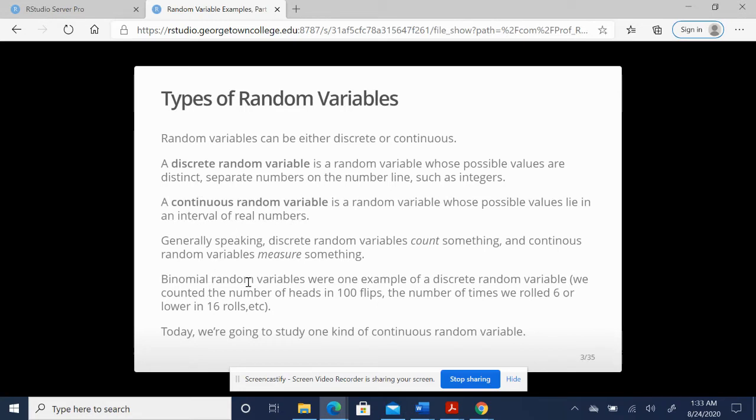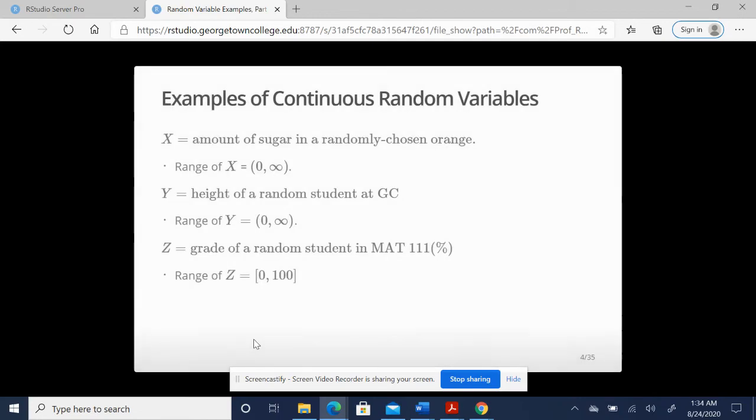Binomial random variables, which is the slideshow we just looked at, were one example of a discrete random variable. We counted the number of heads, the number of times we rolled a 6, and so on. We're now going to look at the continuous random variable. That's going to be our next type of random variable that we dive a little deeper on.